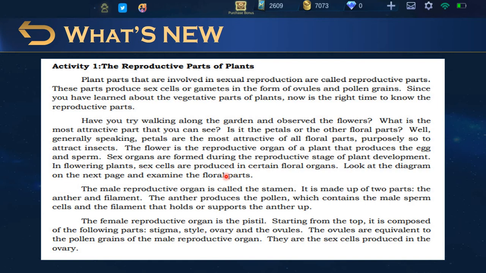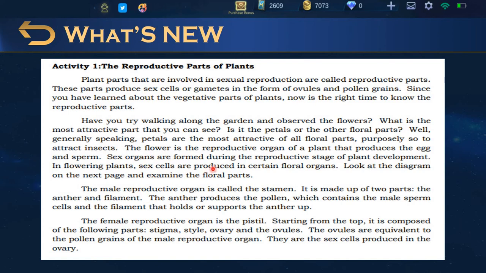Have you tried walking along the garden and observed the flowers? What is the most attractive part that you can see? It is the petals, or the other floral parts. Generally speaking, petals are the most attractive of all the floral parts, purposely so to attract insects.